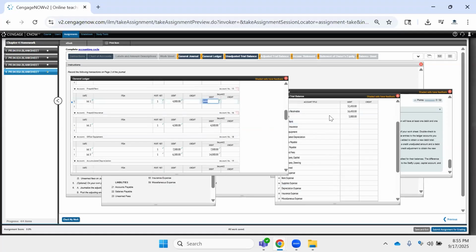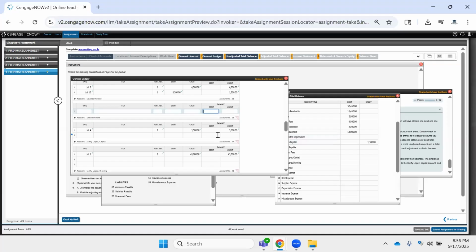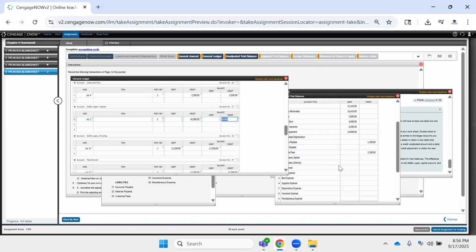We have our prepaid rent, and this is also our unadjusted amounts, right? So this is before any adjustments to prepaid rent, any depreciation. So we're going to leave depreciation blank. And make sure to double check your debits and credits.